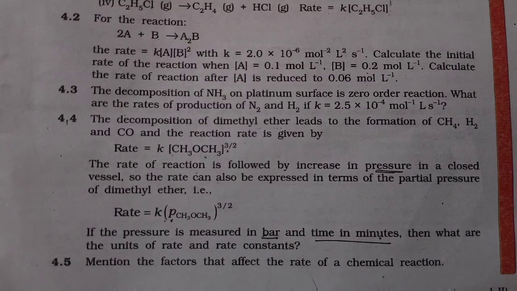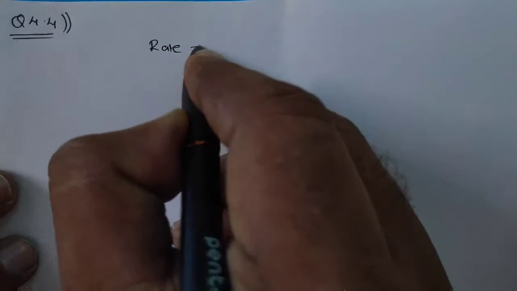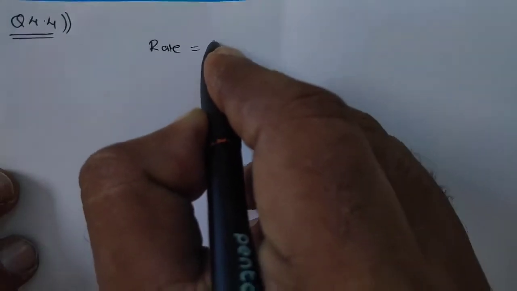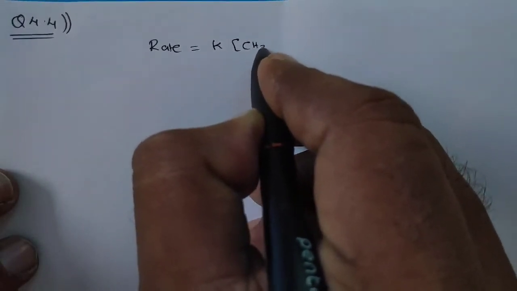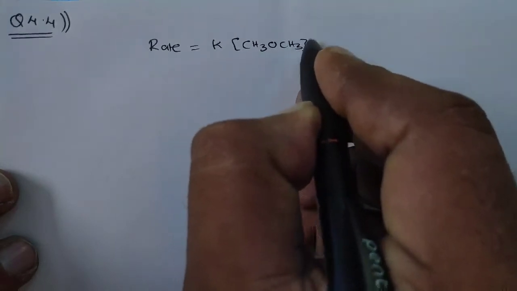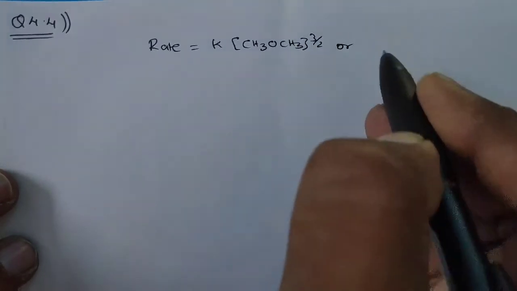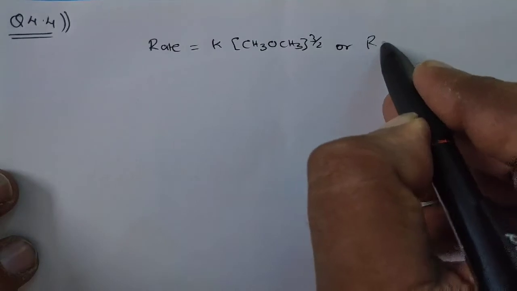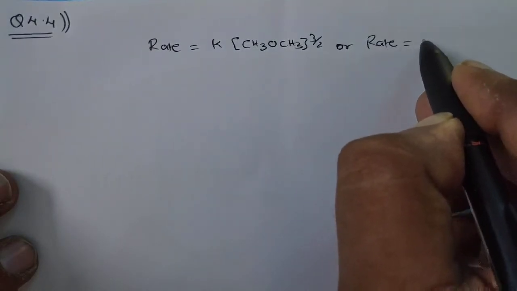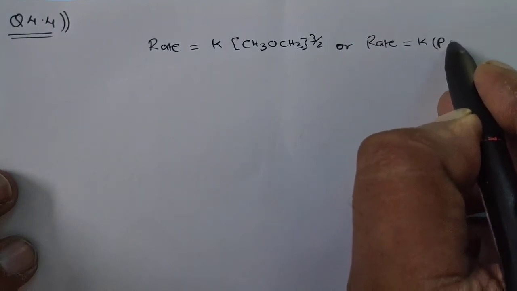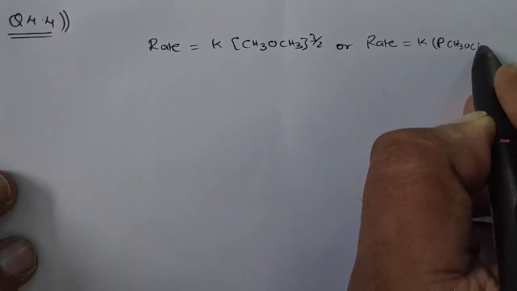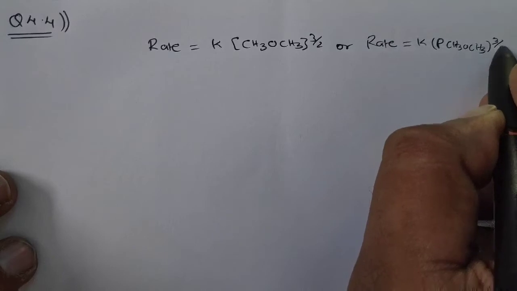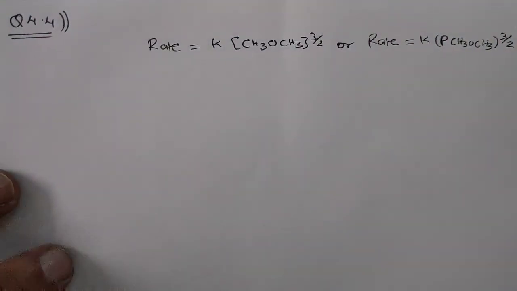Okay, just a minute. Now when we write, the rate given in the question is rate equal to K into CH3OCH3 raised to 3 by 2, or as it is in pressure, rate is equal to K into partial pressure of CH3OCH3 raised to 3 by 2, as written in your textbook.